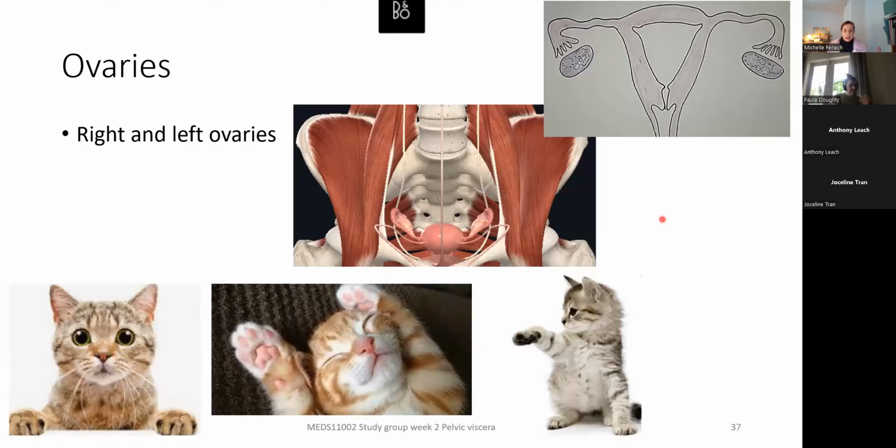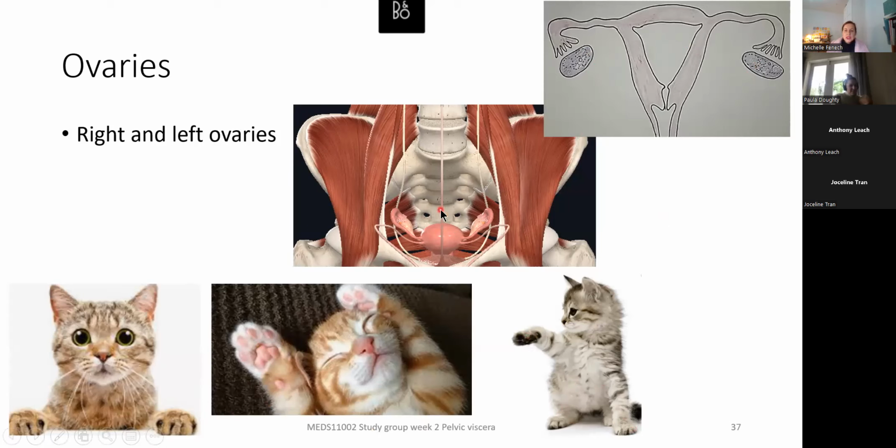Now, I've got this image in here because I've said several times that the ovaries, although they should sit here, are very mobile, and on quite a lot of people, they sit in all different positions. So sometimes they sit well above and on top of the uterus. So think of it like a cat in this position. Sometimes they sit down really low and one sits up high.